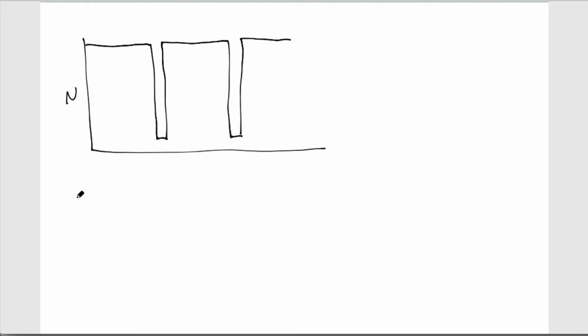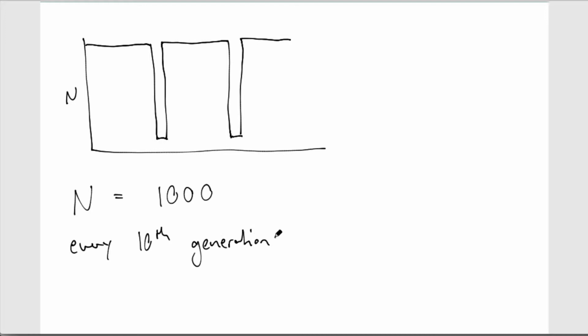The example that I would like to develop is where n normally is 1,000 individuals, but every 10th generation, I would like n to be 10. So it's 1,000 up here, but it's 10 down here. What does that mean?